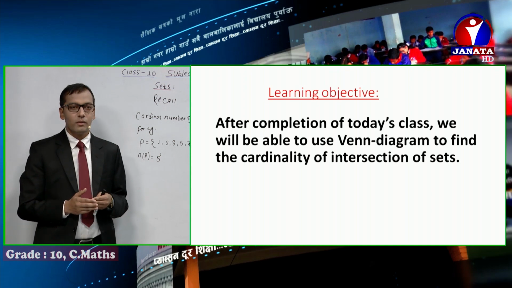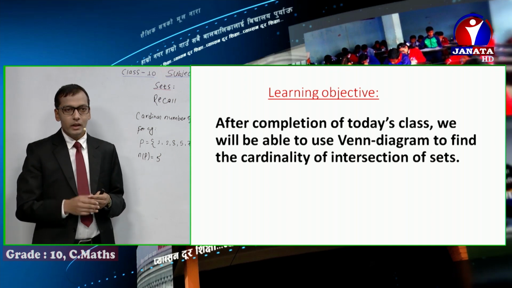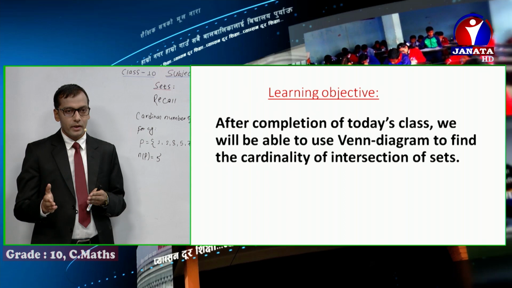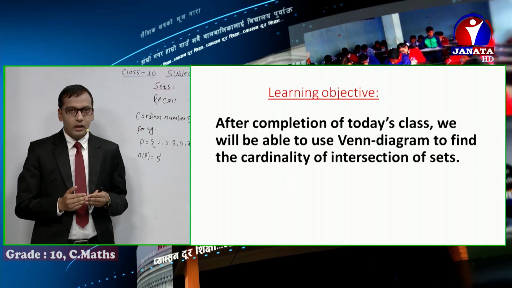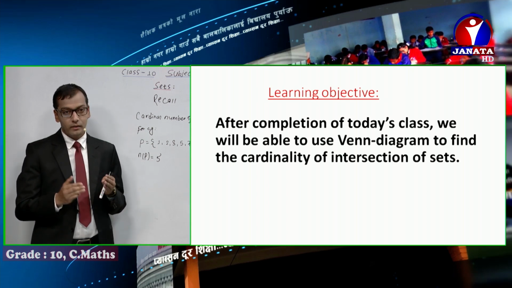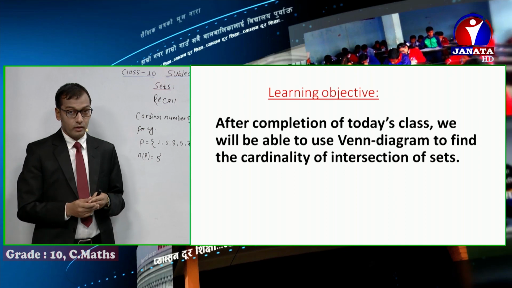After completion of today's class, we will be able to use the Venn diagram method to solve problems based on two subsets, and basically our main focus will be on finding the intersection of two sets. So this is our today's objective. Let me fulfill this objective.